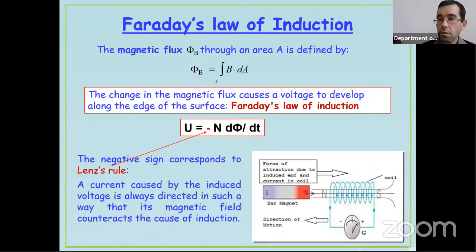That was the observation that led Faraday to the conclusion that it is not simply the magnetic field caused by the current that causes the voltage in the second loop, but the change of the magnetic flux. Here you see the magnetic flux defined in the upper part of the slide.